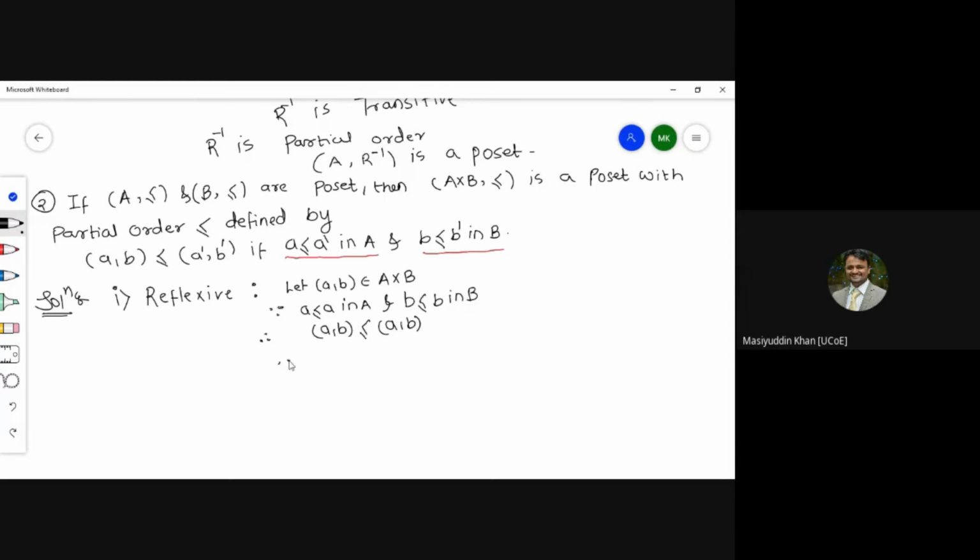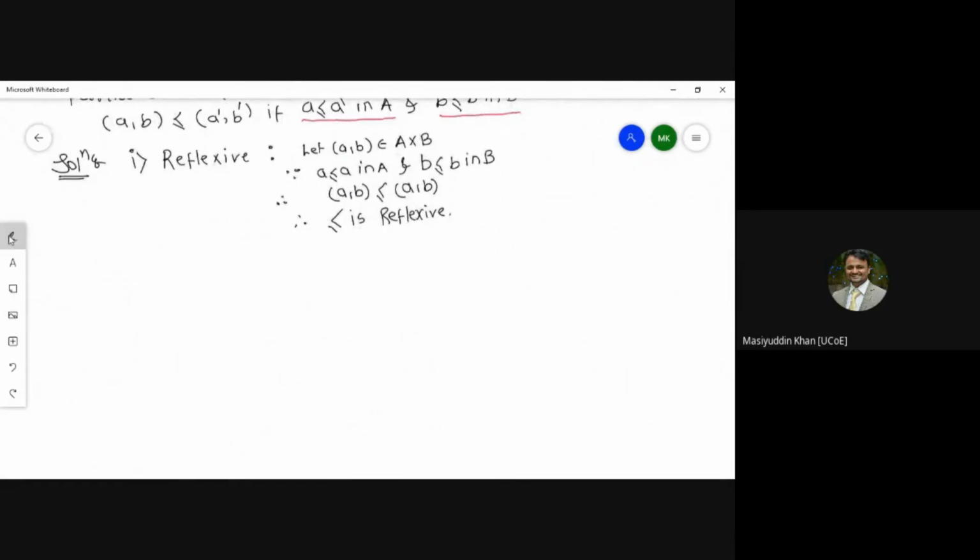Therefore, less than or equal to is reflexive. Now the first part is proved. Second, we have to prove that it is anti-symmetric.